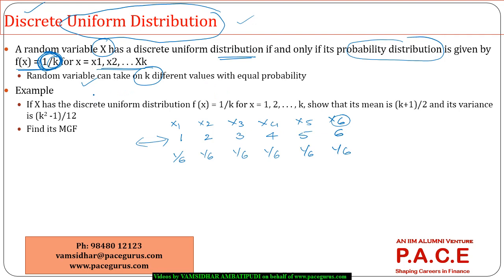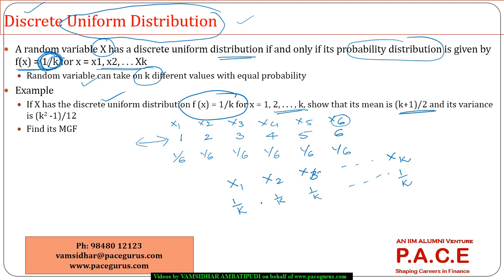That is the typical discrete uniform distribution, and we just need to know a few important things about it. If x has the discrete uniform distribution f of x equal to 1 by k, I want to know its mean. How do I find the mean? We are talking about x1, x2, x3, and so on up to xk, the different possible values the random variable can take, and 1 by k being the probability of occurrence of each. So the expected value of this random variable is 1 by k into x1 plus 1 by k into x2, and so on.